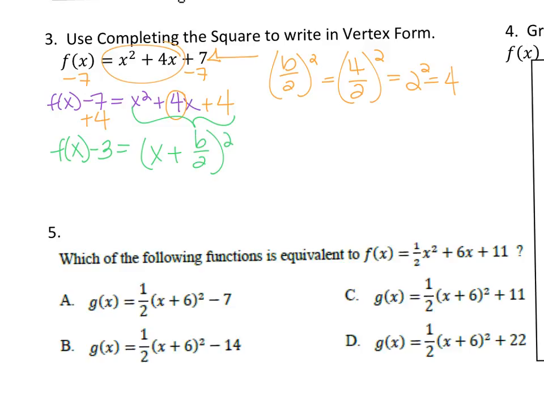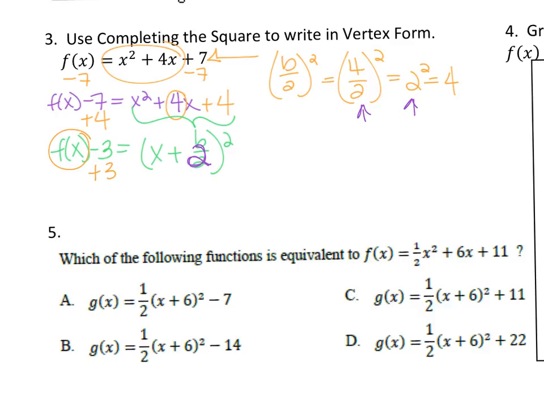I know b over 2 is 4 over 2, which equals 2. So I can just have a 2 here instead of b over 2. So now I have x plus 2 squared equals f of x minus 3. Well, now I got to get f of x alone.